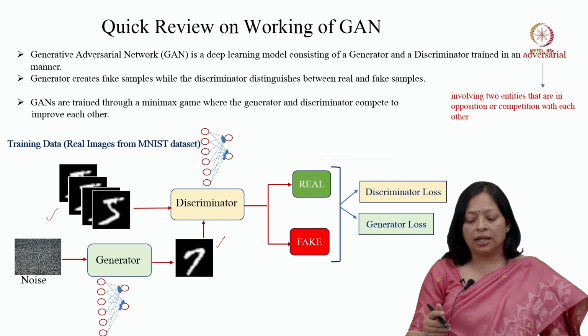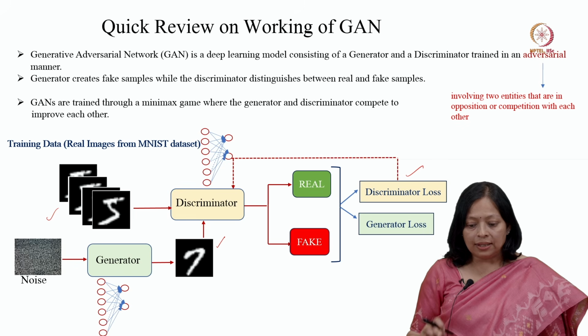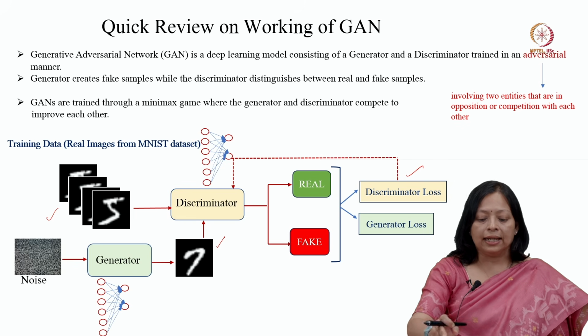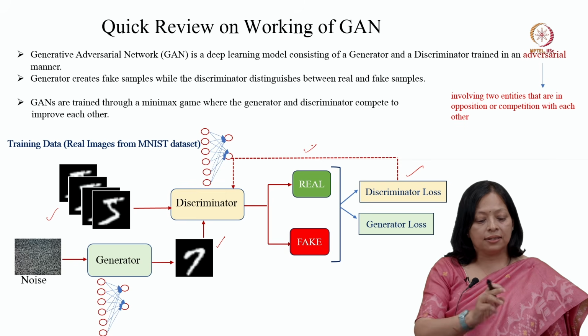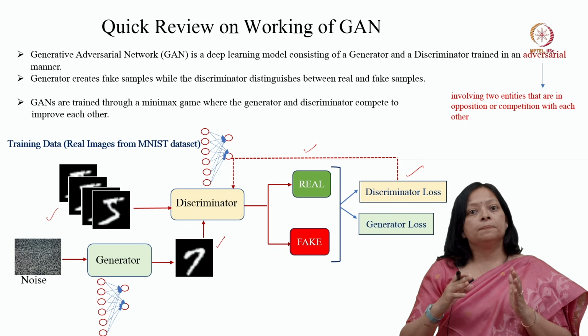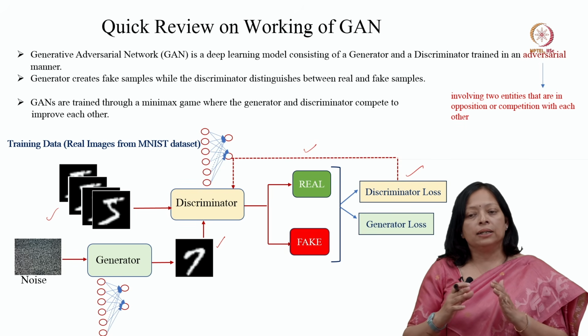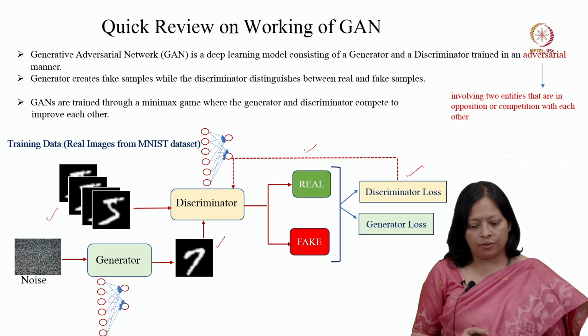This discriminator loss gets backpropagated, and the discriminator starts improving itself to become more accurate in classifying between real and fake images.